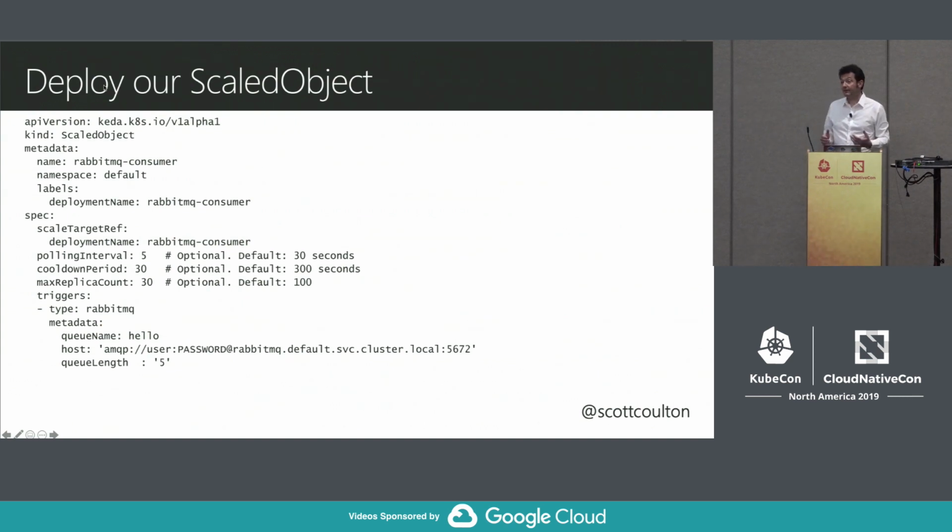And then once I have deployed and configured all this, what I can do is start to deploy a publisher. So that's a simple pod that's going to send some events inside of Rabbit. And then I'm going to watch KEDA look at that RabbitMQ queue.